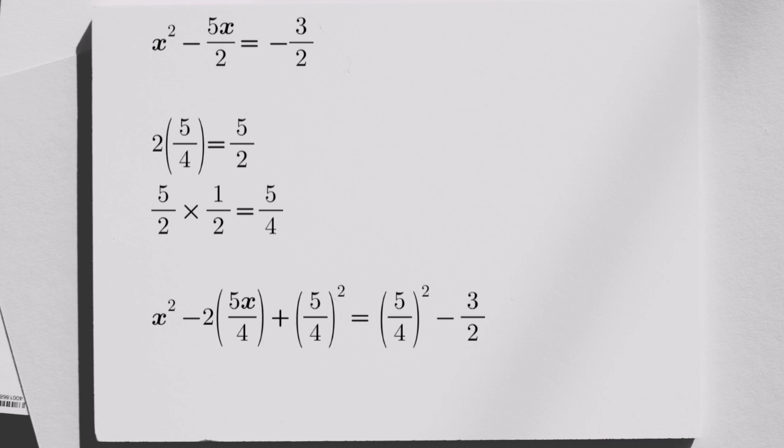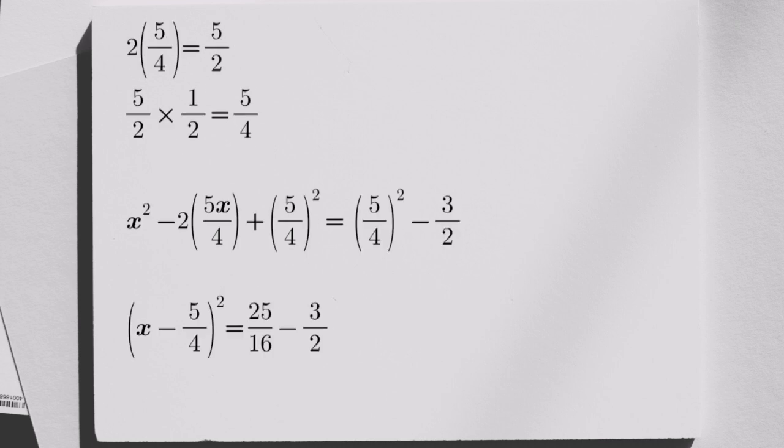Now, on the left hand side we are going to factorize, and then we will be left with x minus 5 over 4 all raised to the power of 2 equals, then on the right hand side we have 25 over 16, 25 being the square of 5 and 16 being the square of 4, minus 3 over 2. Now 25 over 16 minus 3 over 2 is equal to 1 over 16.